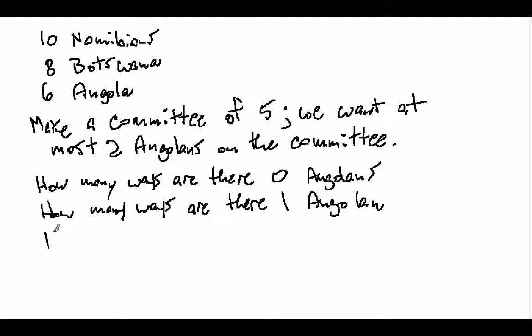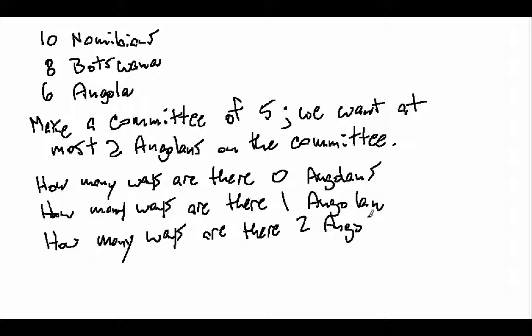And then how many ways are there 2 Angolans? Okay? And if you want to, we could call this A, and we could call this B, and we could call this C. And the thing to note, these are actually disjoint events. So the answer to our question is, if we want to know how many different ways can I make this committee, it's just going to be A plus B plus C.